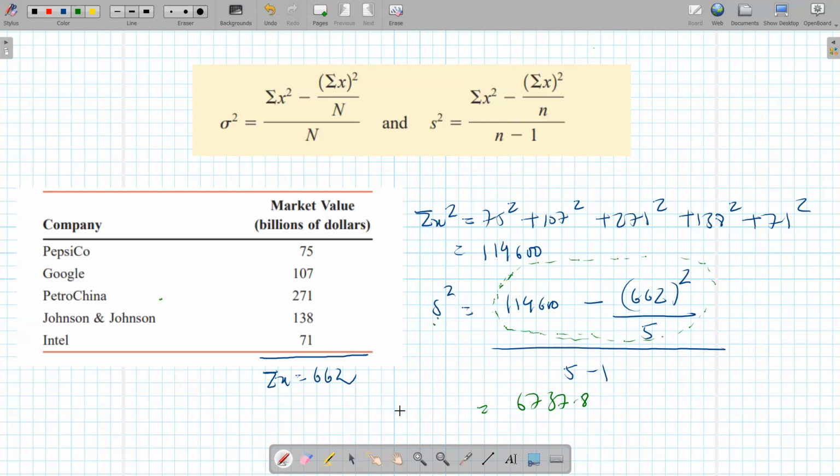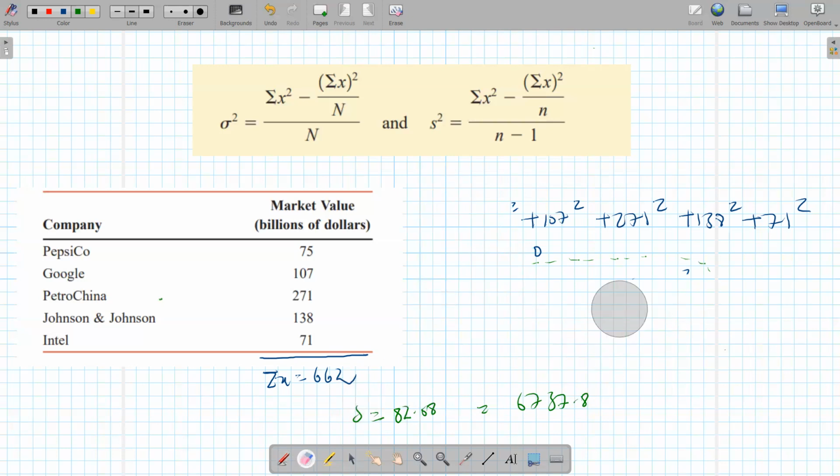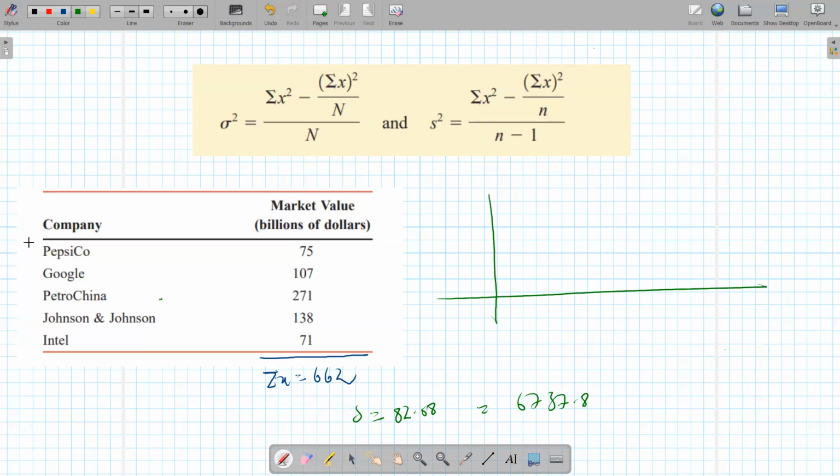To find the standard deviation, you simply square root that number. So that is going to be 82.08. What does this actually mean for us? This is going to be like a bar graph, right? You see qualitative here?